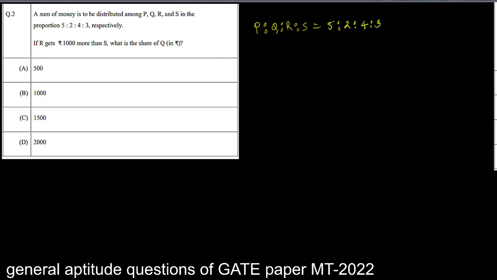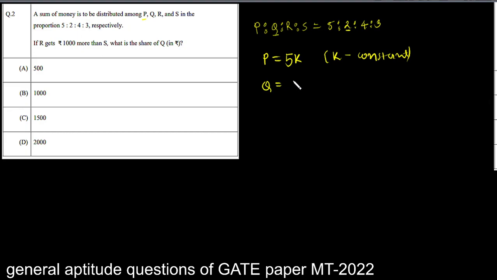So the amount of money that person P will get is simply 5 times a general constant K. Here K must be positive and real because we are talking about money.